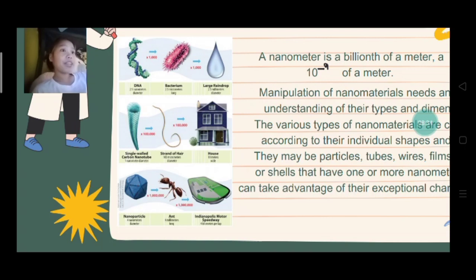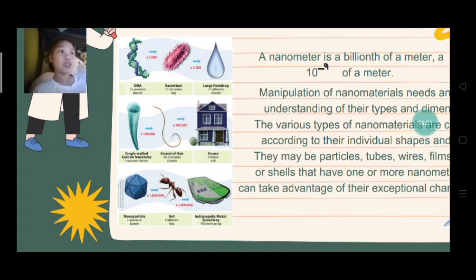At the nanoscale, materials and devices exhibit unique properties and behaviors that are not present at larger scales. The nanoscale exhibits unique properties because it can measure very small scales of particles.